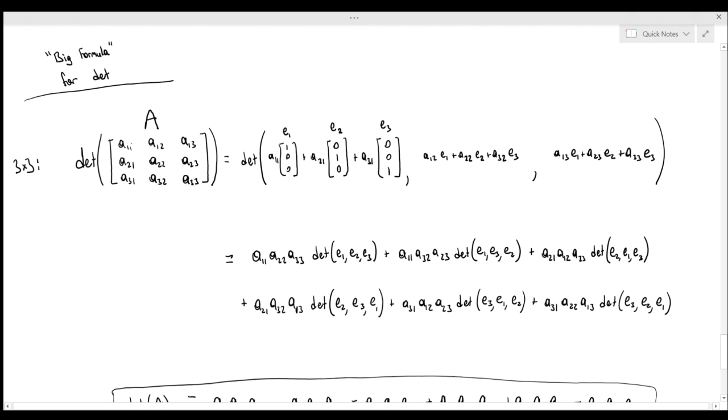I started out the same way that I did for the 2x2 case. I take the first column and write it as A11 times vector E1, (1, 0, 0), plus A21 times vector E2, (0, 1, 0), and then plus A31 times the vector E3, (0, 0, 1).